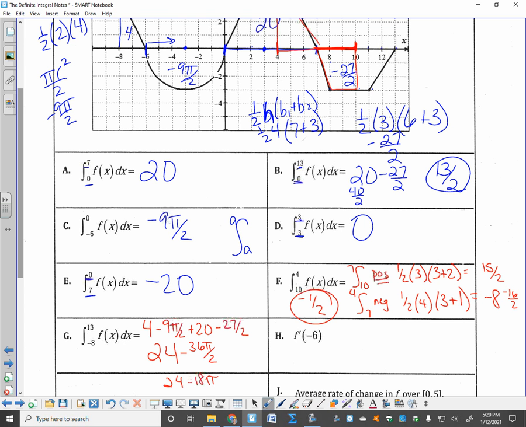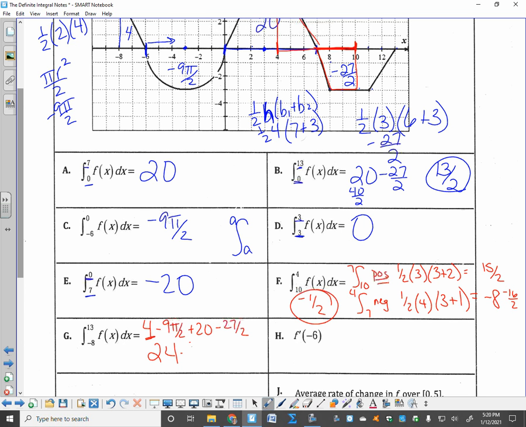Is that right? Nope, that's not right. Let's see what I do. Oh, the 27/2 doesn't have a pi. Sorry, I combined the two fractions, but I didn't realize that one had a pi and one didn't. That's my fault.